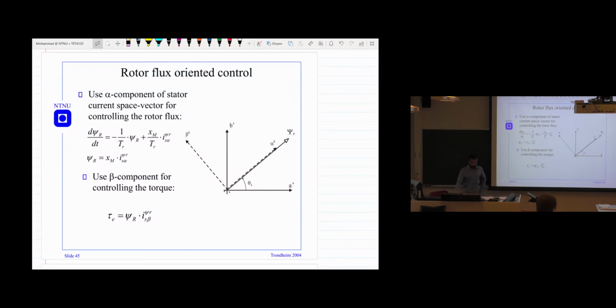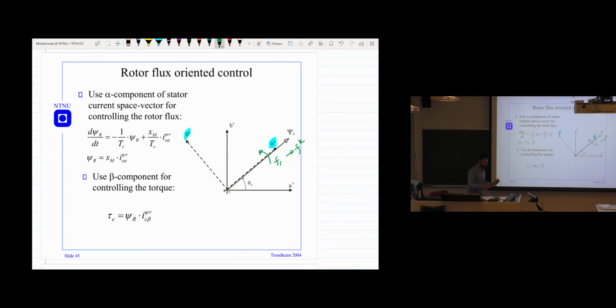So what we are doing in the rotor flux oriented control is that now we have the α_k and also the β_k orientation, and we are also saying that it is rotating with a speed of ω_s or maybe ω_k. And when it's rotating, then it's giving us DC quantities.